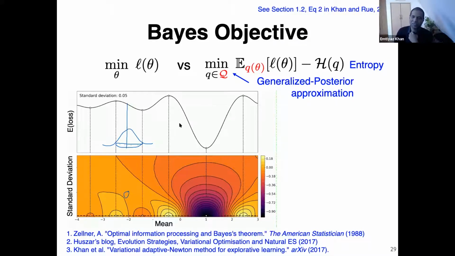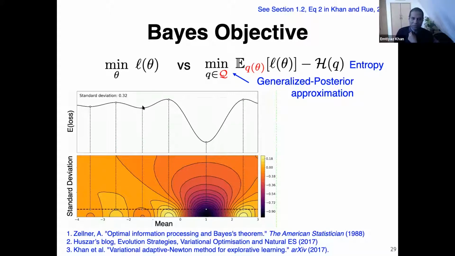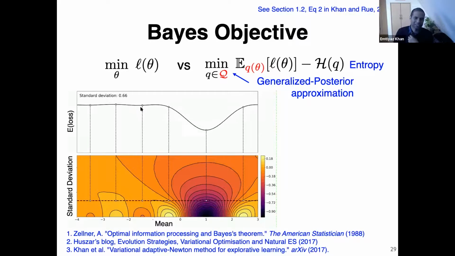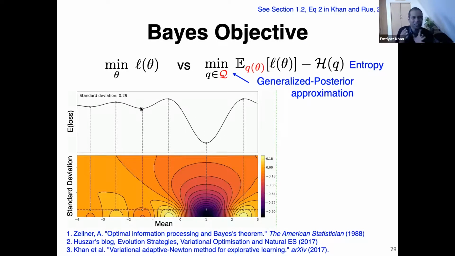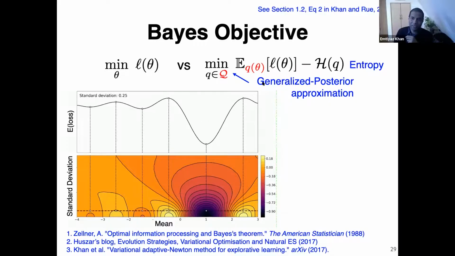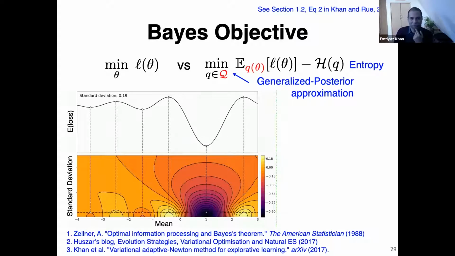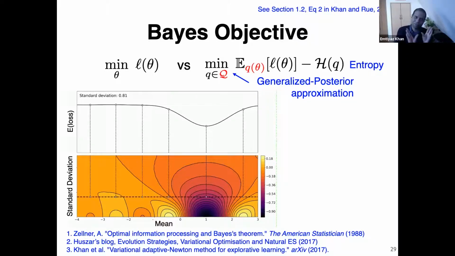Because of this smoothing, some of these local minima disappear, the spurious ones, maybe not that important, get smoothed if the standard deviation gets a little bit higher. So you can see why this objective has a better property: it's robustifying the original loss function that had a lot of local minima.